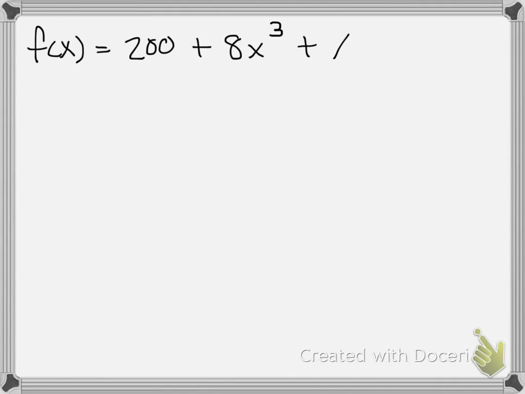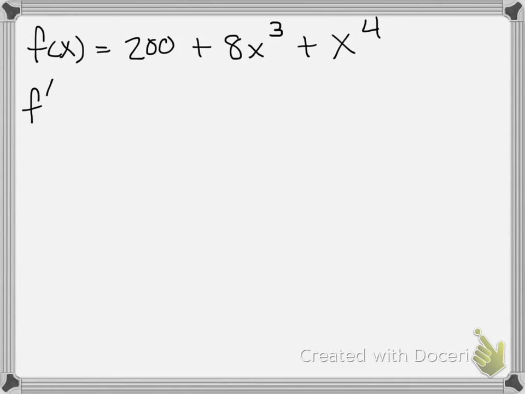On the review sheet, we are given the function f of x is equal to 200 plus 8x cubed plus x to the fourth.